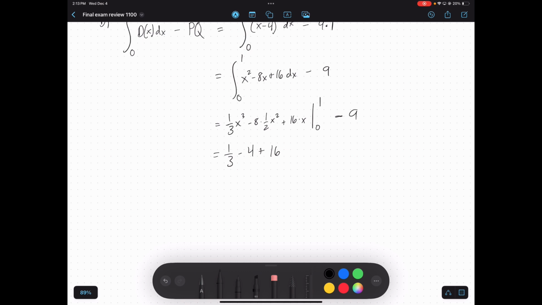You just get 0. So that's all I need to do there. So minus 0, I'll put that there. So there's my upper bound, there's my lower bound, and then I still have this minus 9, and you end up with 10/3, which is $3.33. That's the consumer surplus. So that's kind of the numerical value of how much the consumers feel like they saved.